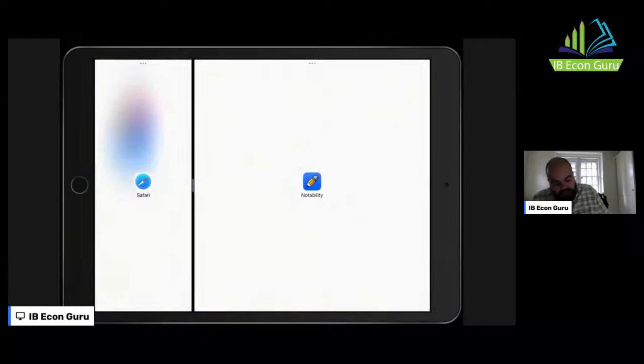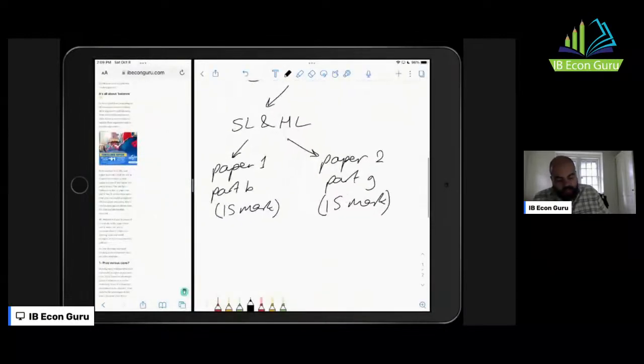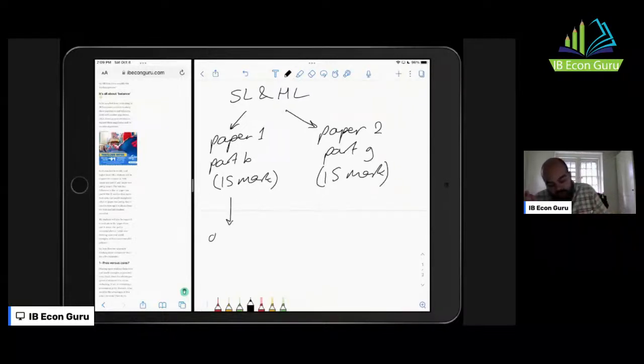However, what is the difference between paper 1, part B and paper 2, part G? Well, paper 1, part B, you will need to draw upon your own real-world examples.